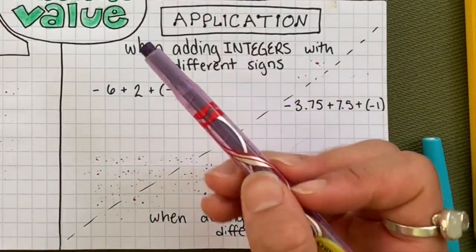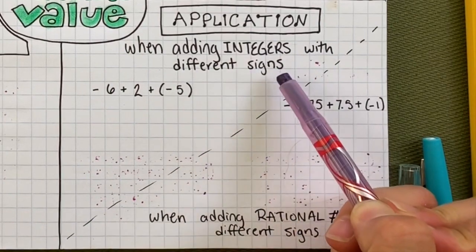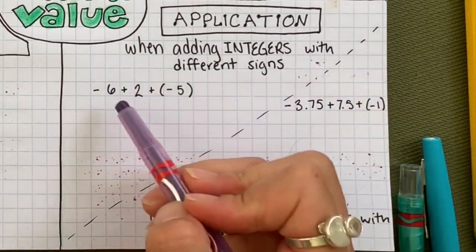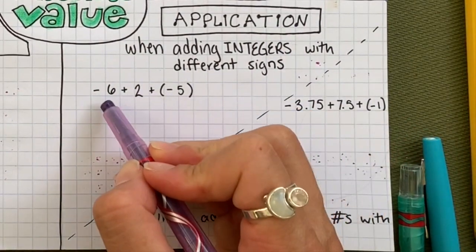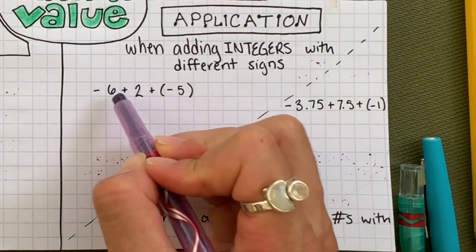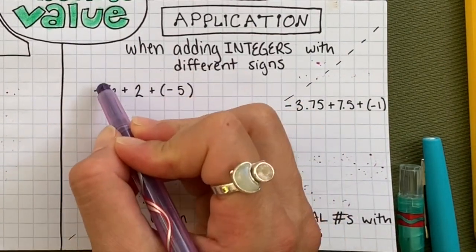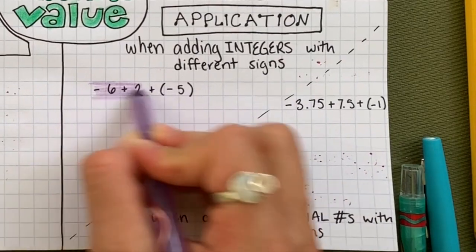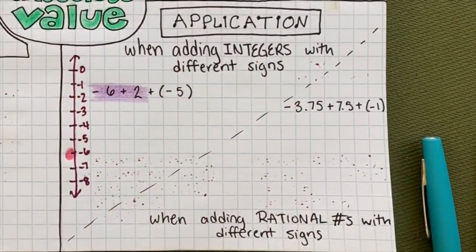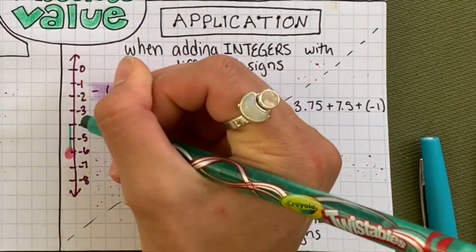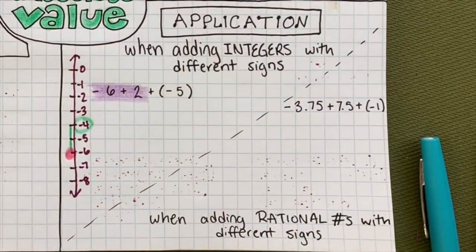We can use absolute value when adding integers with different signs. Let's go from left to right. -6 plus 2. -6 plus 2 takes us to -4.